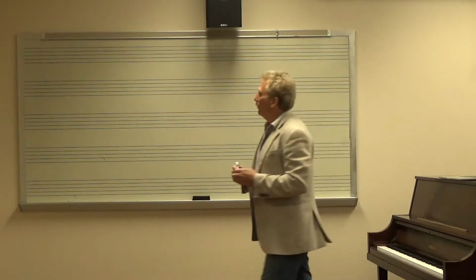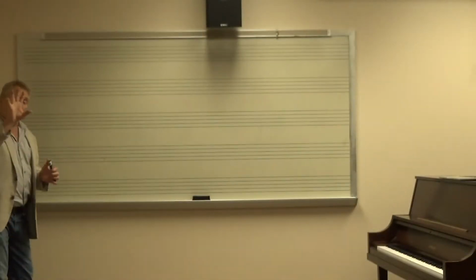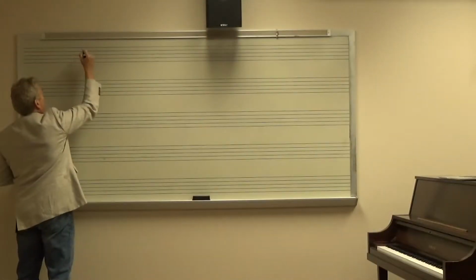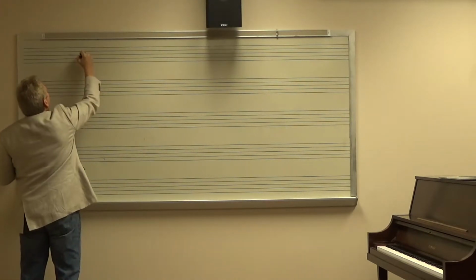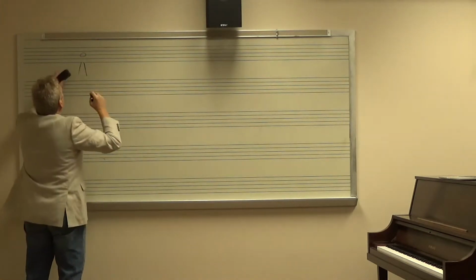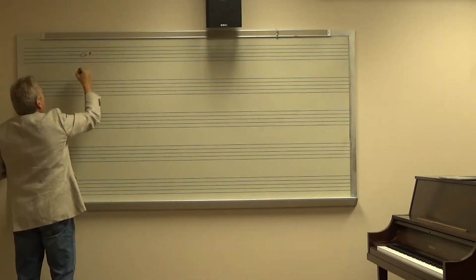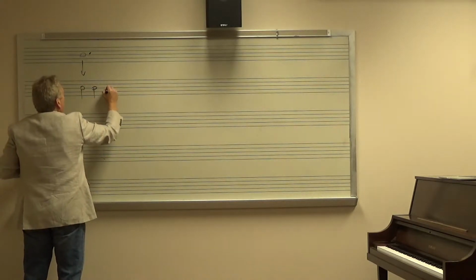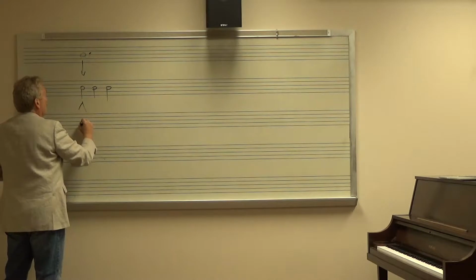Now here's an important thing to realize: the difference between compound time and simple time is that it only exists on the first subdivision. And we can show how this works. If I divide my dotted whole note, it's going to divide in compound time into 3 half notes. However, what is my division of my half note? Well, that is 2.